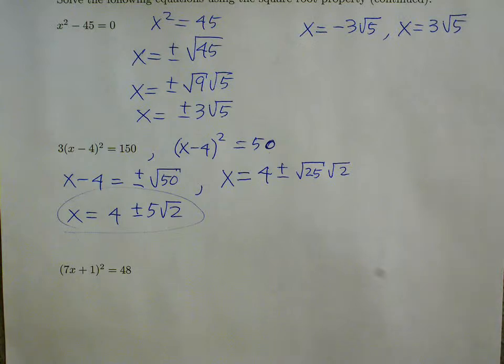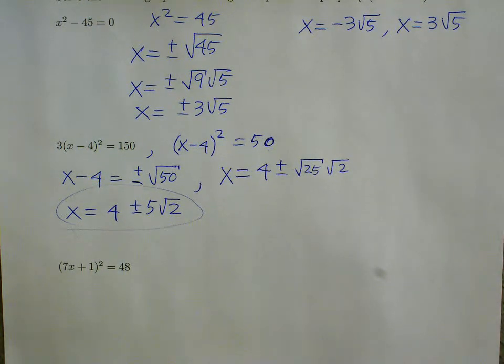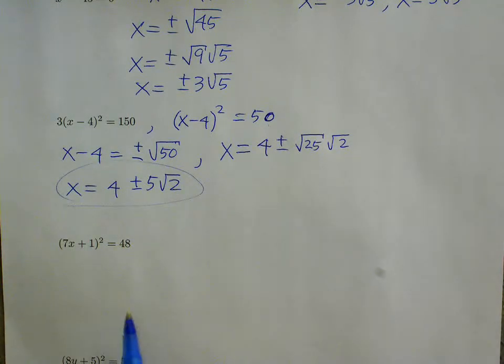The next example, slightly more complicated, but not too bad. We have a binomial 7x plus 1 squared equals 48. So this is all set up to apply the square root property.